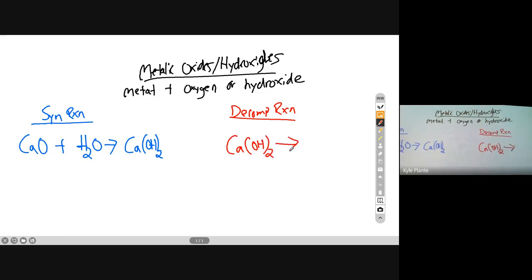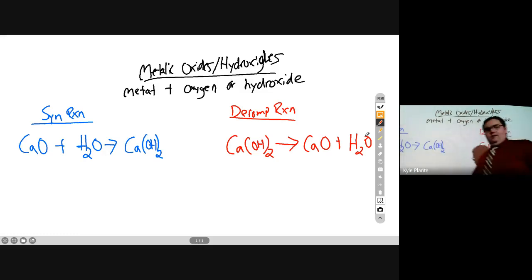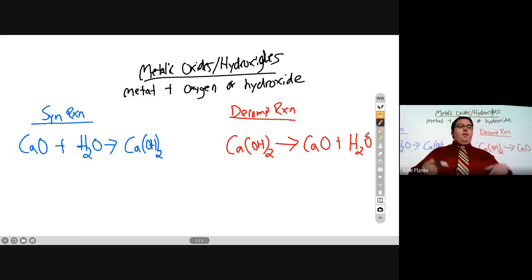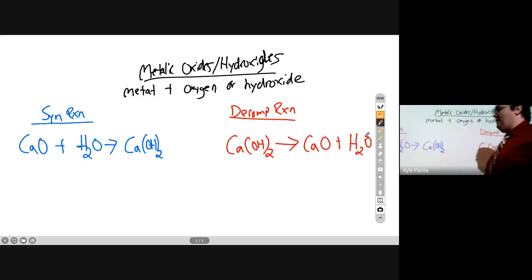And it's going to decompose into the metal oxide and water. Like I said, these are all opposites of each other. Synthesis and decomposition are the exact same reactions, just flipped around. So that's special case number 1.